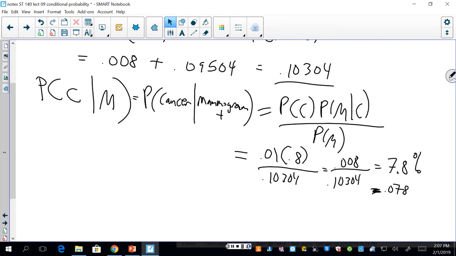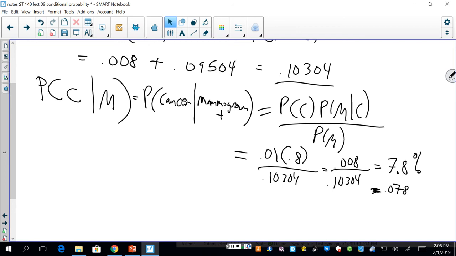Are you surprised it's that low? Why doesn't it end up being 78%? Why isn't it larger? What contributes to this small number? Only 1% of the population actually has cancer.